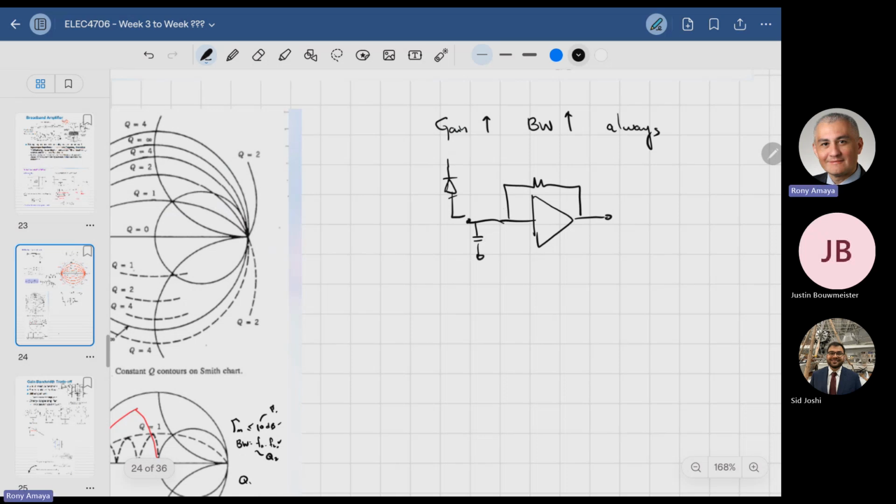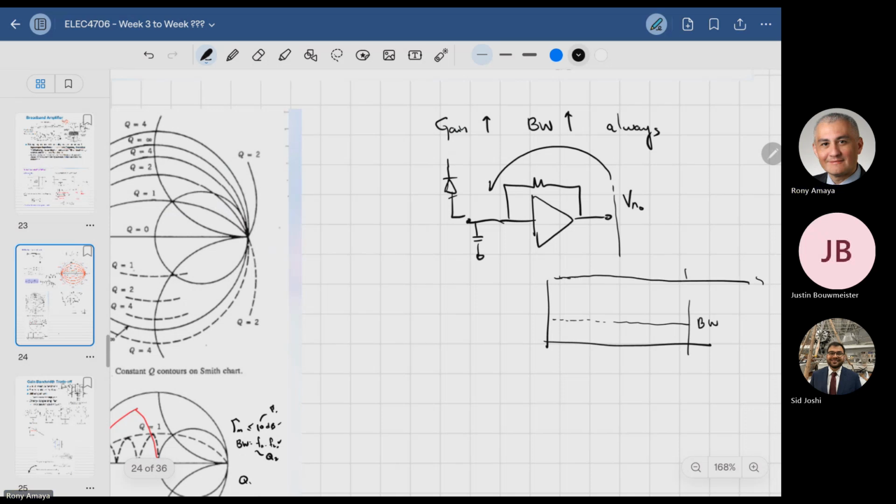So then what happens is that if you look at the noise, the noise that you have at the output can be input referred, right? And typically with noise, you look at the noise level, but you integrate over a bandwidth. And that bandwidth of integration becomes the amplifier. So if the amplifier effectively is super broad, guess what?